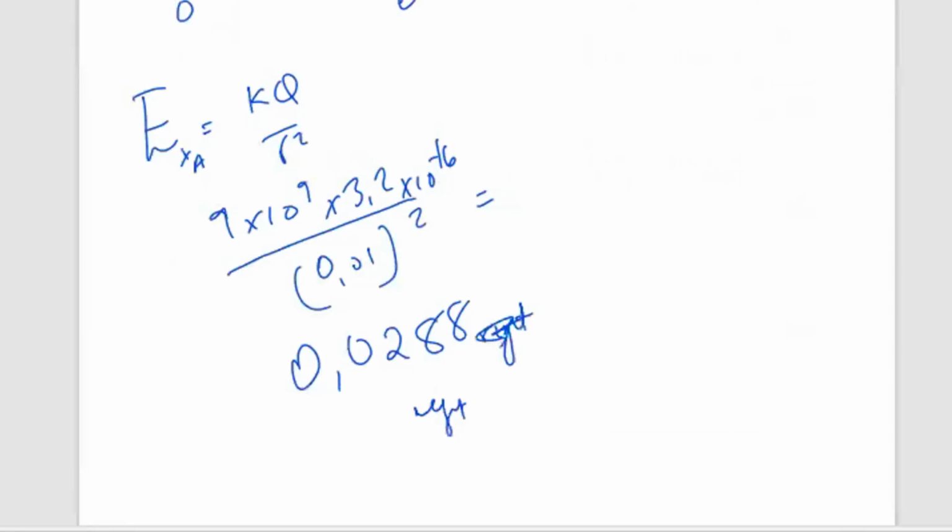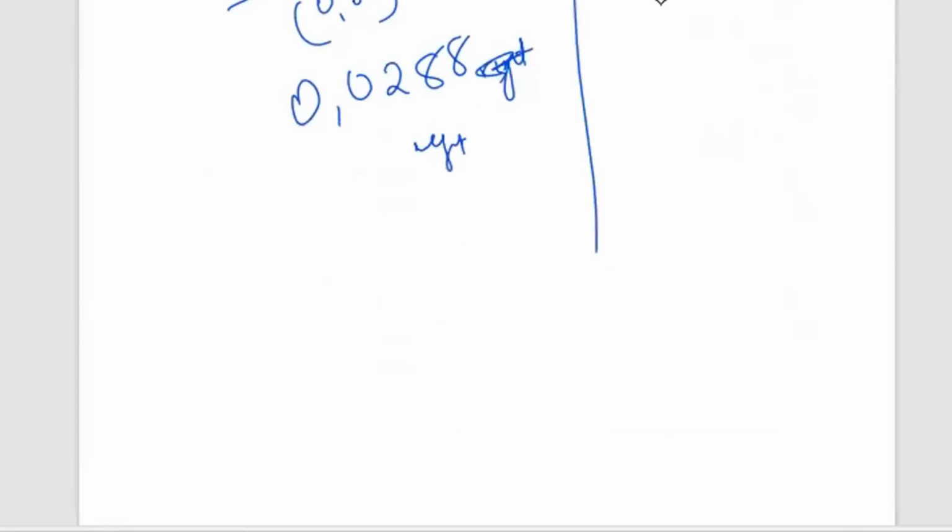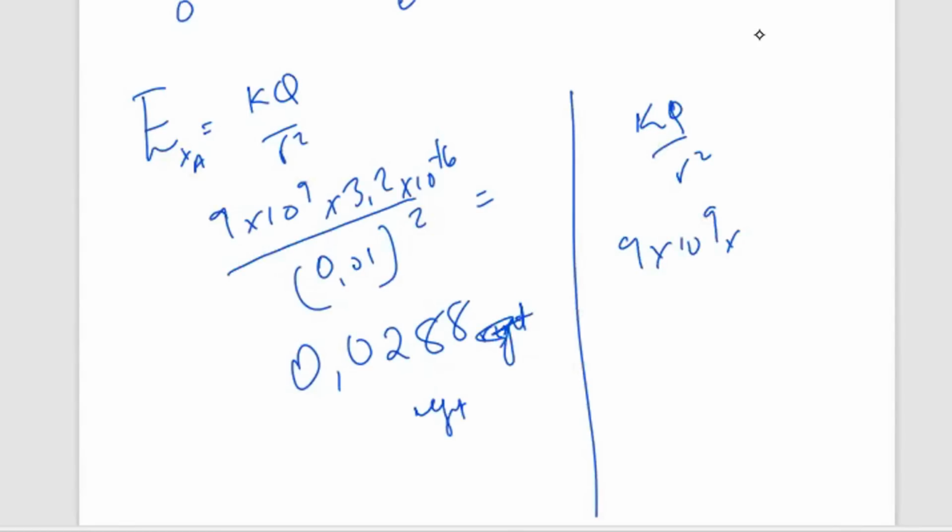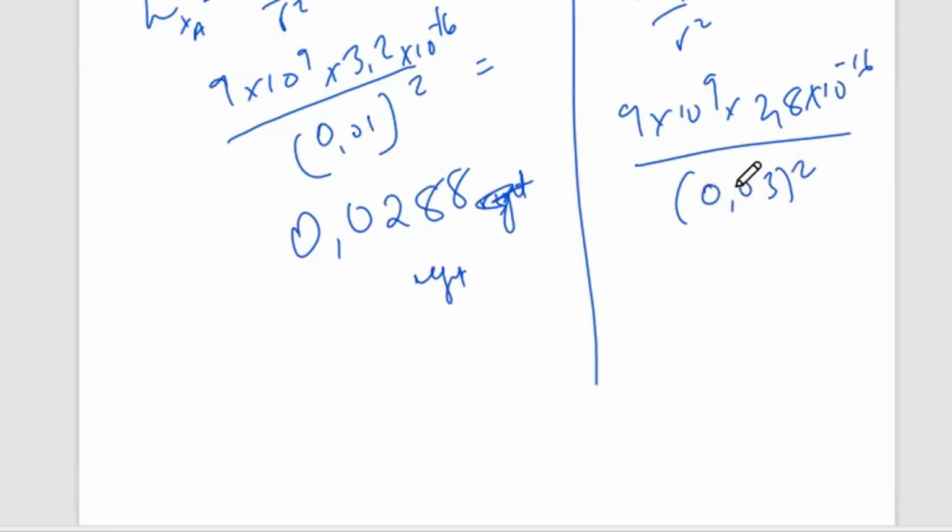Okay, yeah, makes sense. Then let's look at the one at B. So it is kQ over r squared, 9 times 10 to the 9, multiplied by 2.8 times 10 to the negative 16 over 0.03 squared. That gives me 0.0028 newton per coulomb.